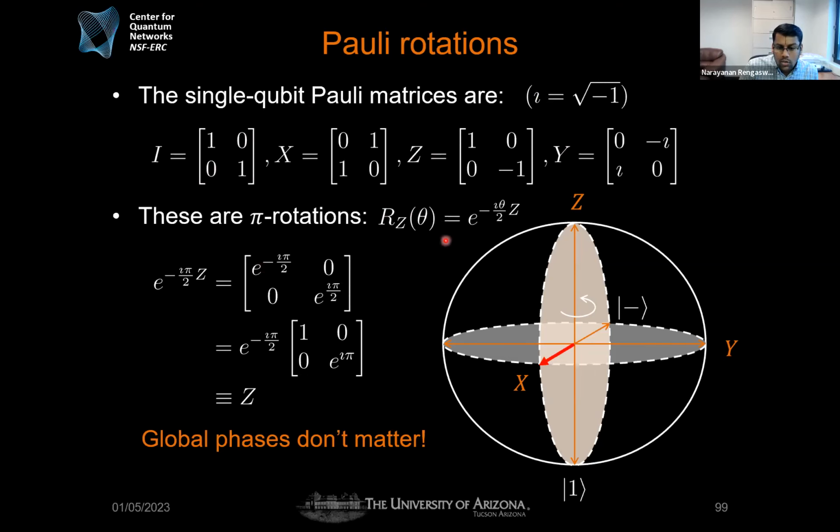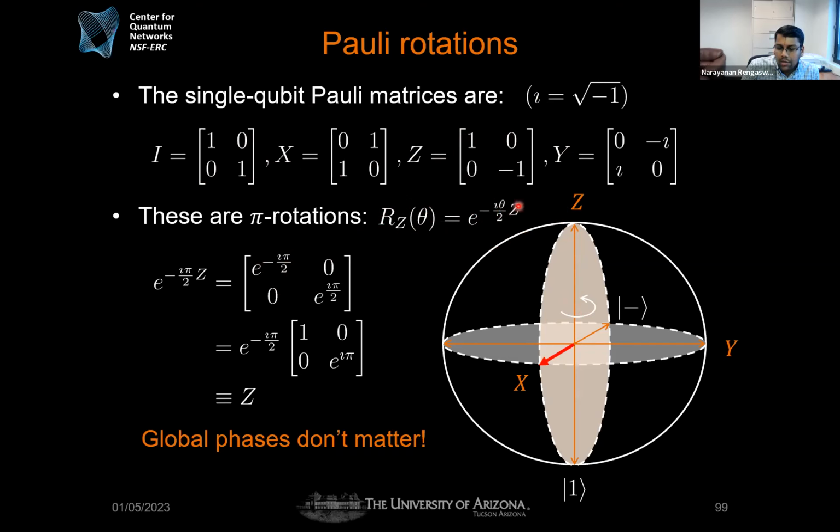To understand these operations better, let's focus on Z. The Z matrix can actually be written as a rotation about the Z axis on the Bloch sphere, and it's a pi rotation. A rotation by theta is given by this operator.